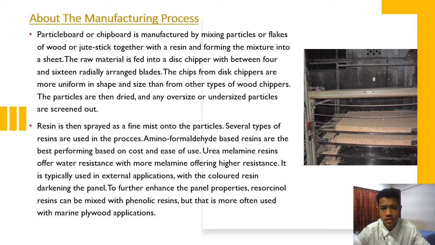The raw material is fed into a chipper with between 4 and 16 radially arranged blades. The chips from these chippers are more uniform in shape and size than from other types of wood chipper. The particles are then dried, and any oversized or undersized particles are screened out.